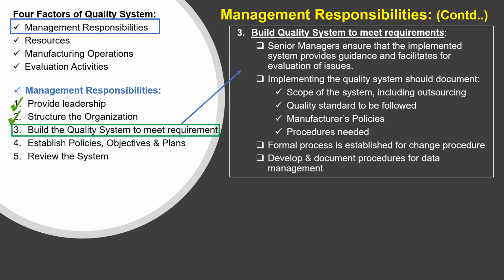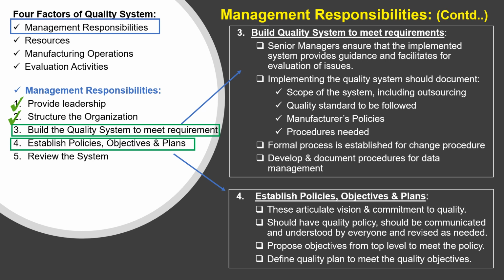Implementing the quality system should document the scope of the system, including any outsourcing activities, the quality standards that are to be followed, the manufacturer's policies, and the procedures needed for carrying out the activities. A formal process should be established for change procedure, and a documentation system should be developed and implemented.